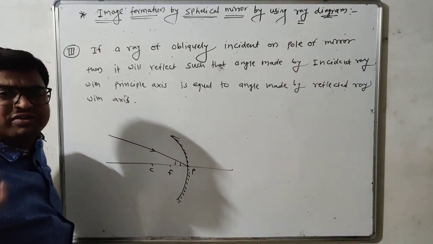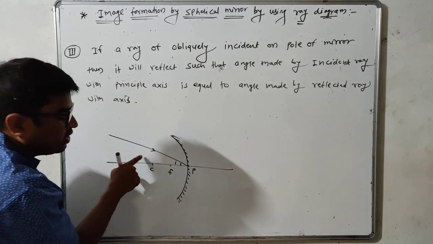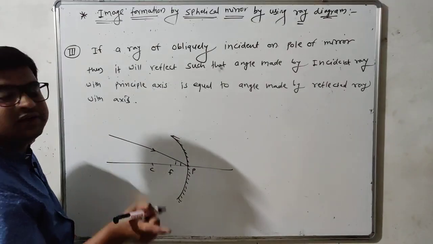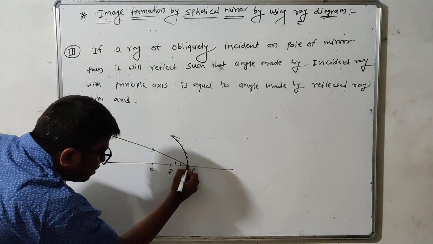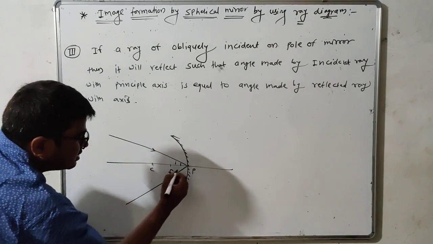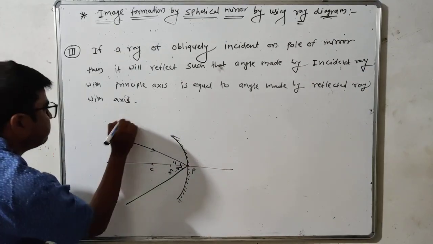By the law of reflection, this mirror will reflect that ray such that the angle of reflection is the same as the angle of incidence. Therefore, it will be reflected like this so that this angle and this angle are the same.